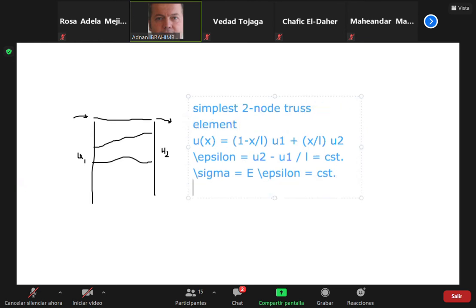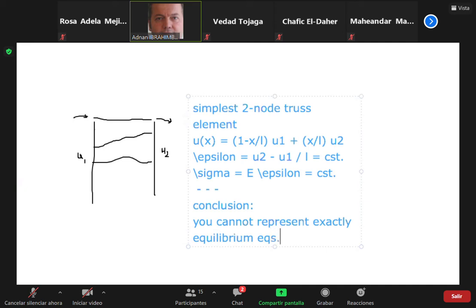Now, the conclusion: you cannot represent exactly the equilibrium equations for b, except for b equal to 0.